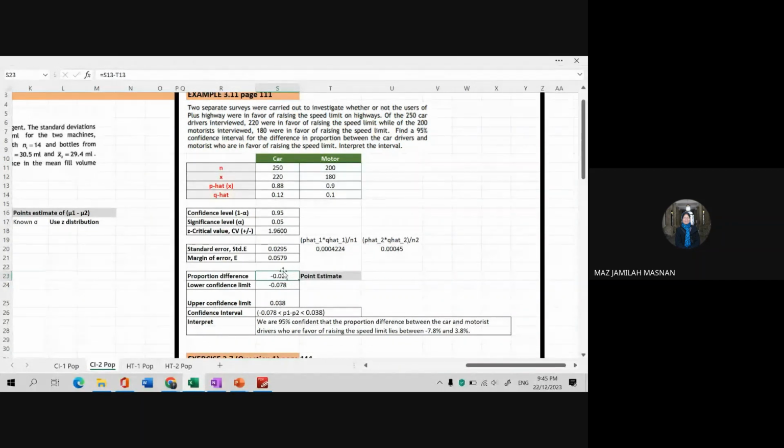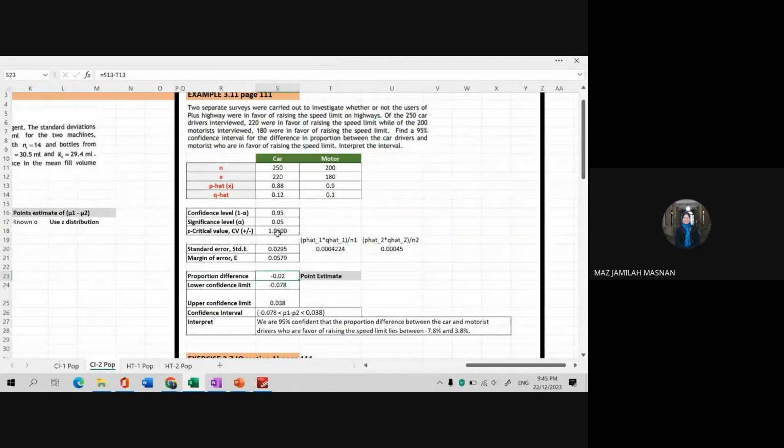As I mentioned earlier, when you have a negative value, it tells you that the proportion for population 1 is smaller than the proportion of population 2. So don't worry too much about the negative. It's just a representation of the two populations involved in your inference.